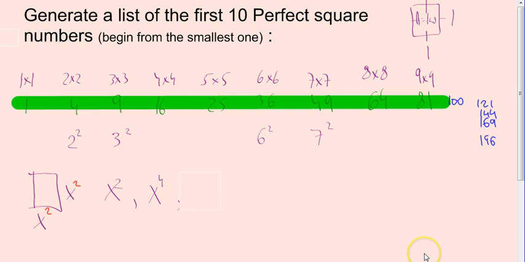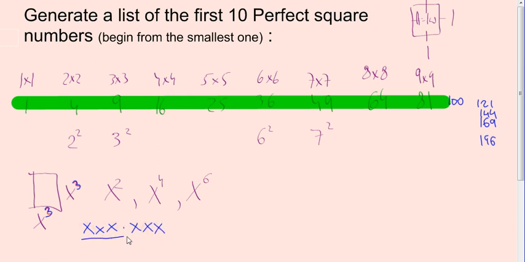And one more example. What if my sides measured as x to the third power and x to the third power? What would be the area then? The result will be x to the sixth power. You might ask me why, and I will remind you that x to the third power is written as x times x times x, and now you're multiplying it by another x to the third power.